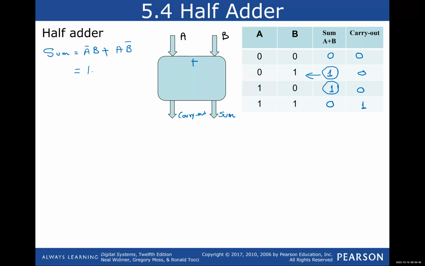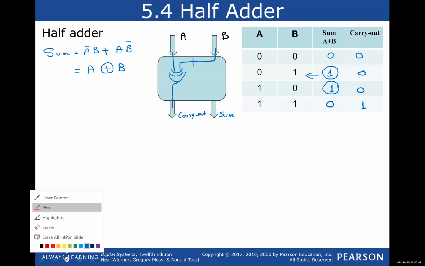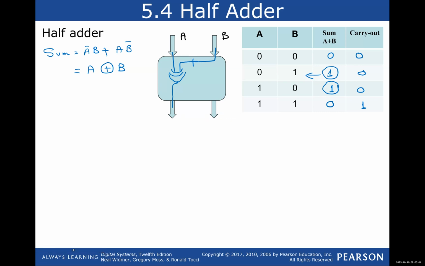So that is exactly A XOR B. That means that to build the part of the summation, I just need to have an XOR here. One input is connected to the A, the other is connected to the B. So this is going to be your sum, the summation between A and B by using an XOR gate.